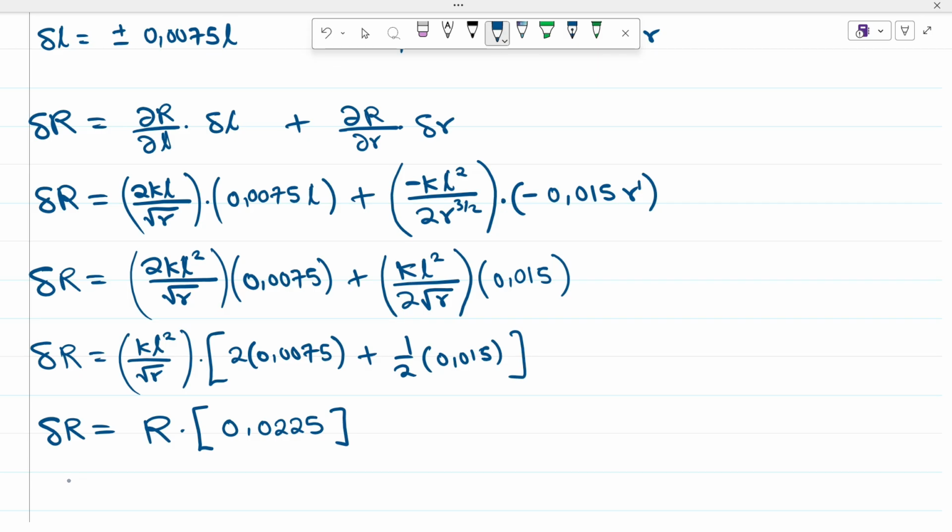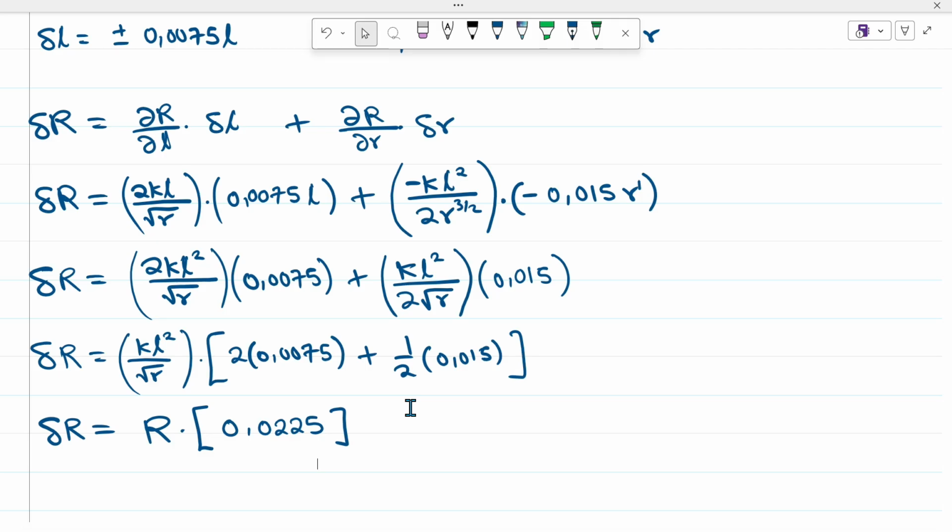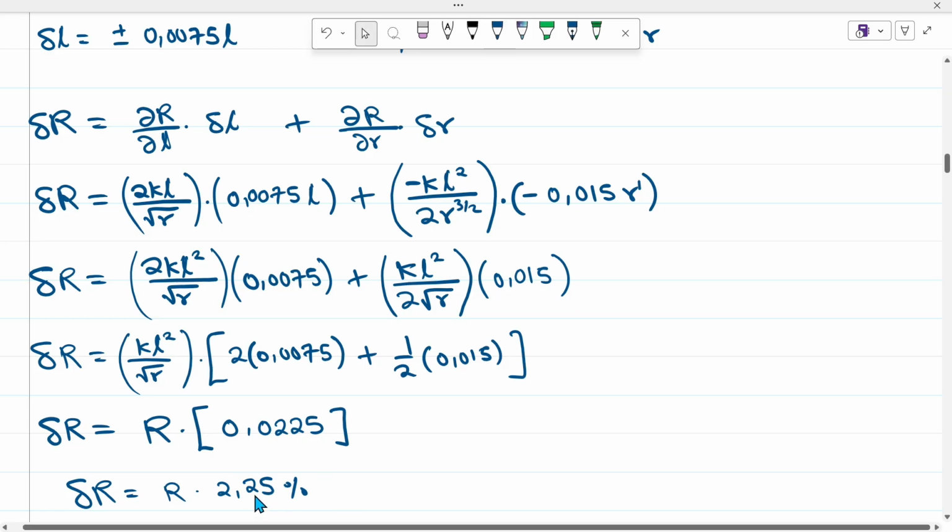And this then means that our maximum percentage change in resistance is 2.25%. So this is the same as the small change in r being R multiplied by 2.25 percent. So this is going to be our maximum percentage change in r. So r is going to change by the maximum percentage of 2.25%. So that's what that means.